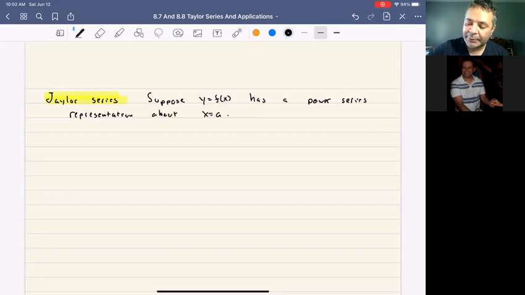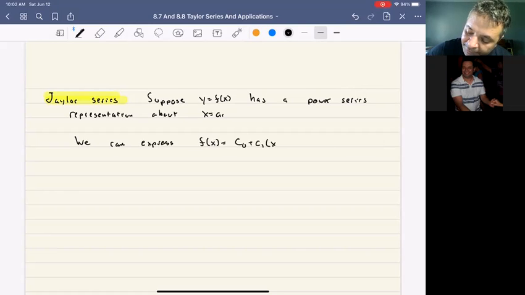All right, so that means, again, that we can write, or we can express, f of x equals c0 plus c1 (x minus a) plus c2 (x minus a) squared, so on and so forth.